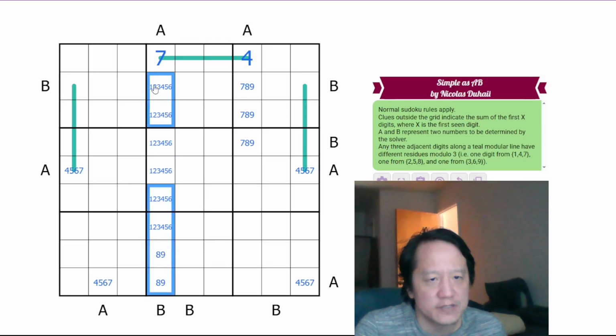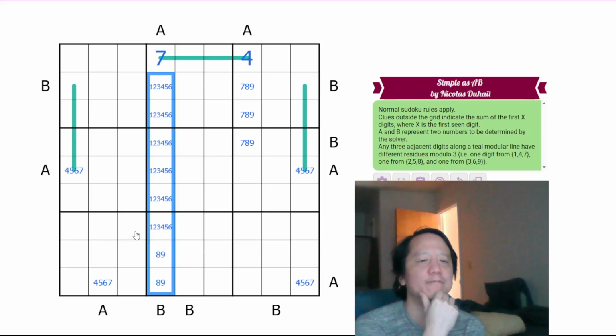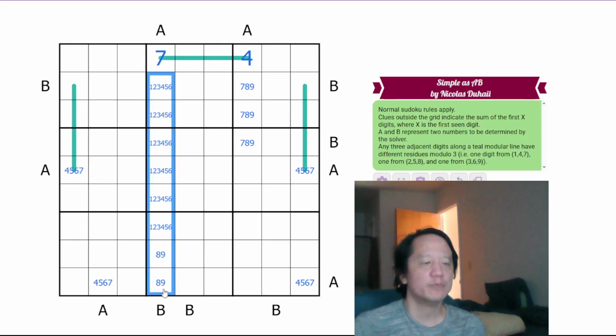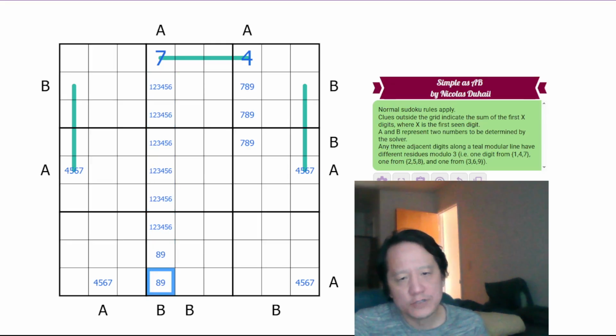Okay, so if this is 8, that means the sum is 45 minus 7, because we don't include the 7. So then that's 38. But is that possible? Then we have 8, 9 here.